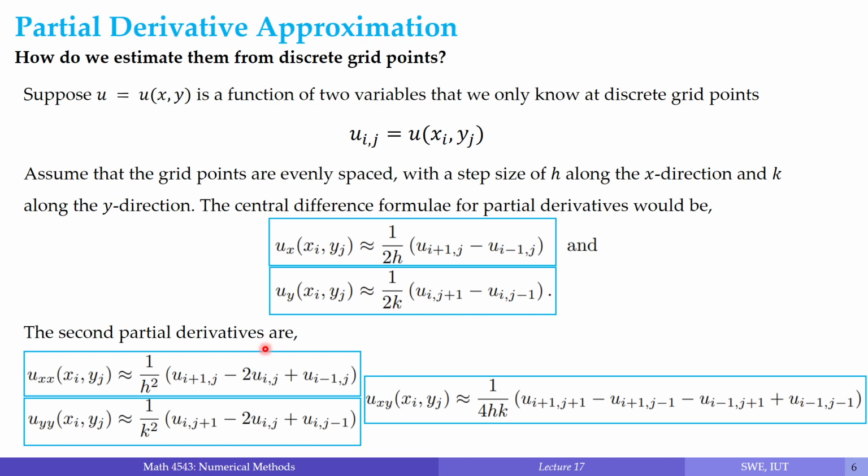Okay, now the second order partial derivatives. The formula looks roughly similar to the formula that we have seen over here. Notice that if we calculate the second partial derivative with respect to x, it has x in the subscript, which means we are differentiating with respect to x twice. This one is the second partial derivative with respect to y.